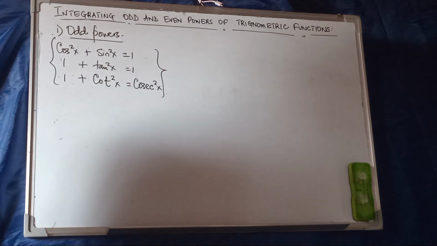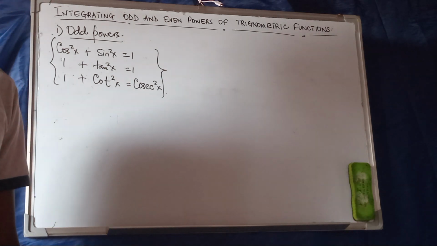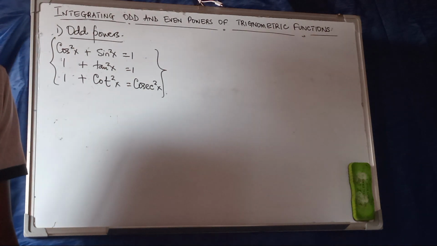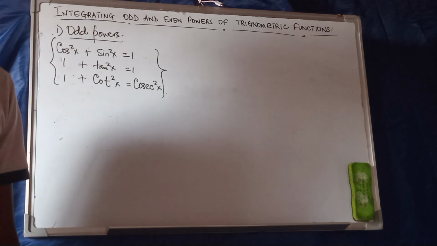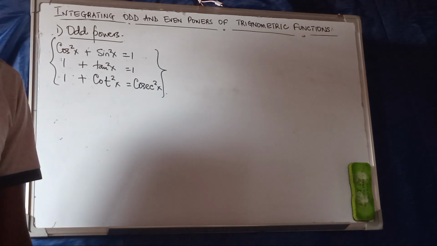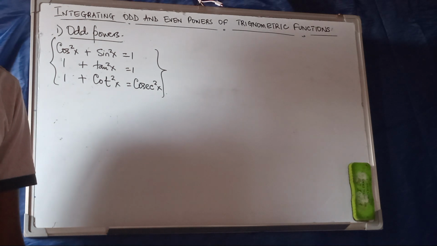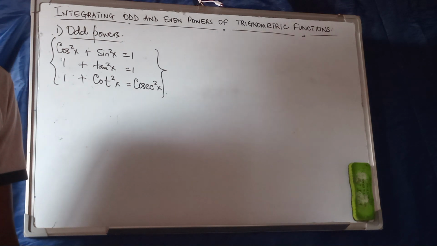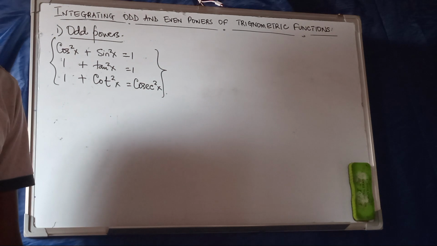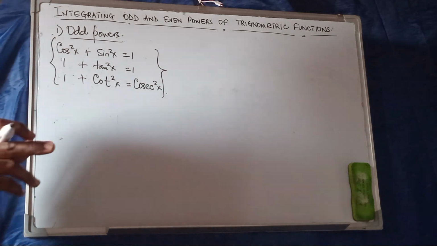I repeat, we first split the trigonometric function given to us into a product of two trigonometric functions, one with an even power and another one with an odd power. And the one with an odd power must have power 1.